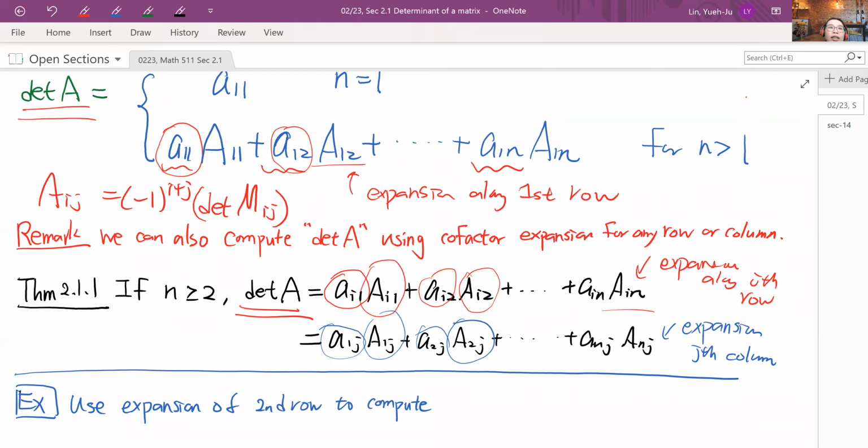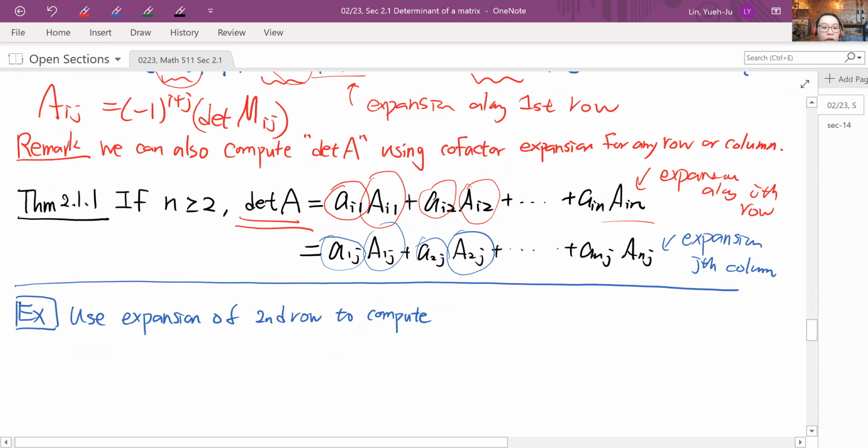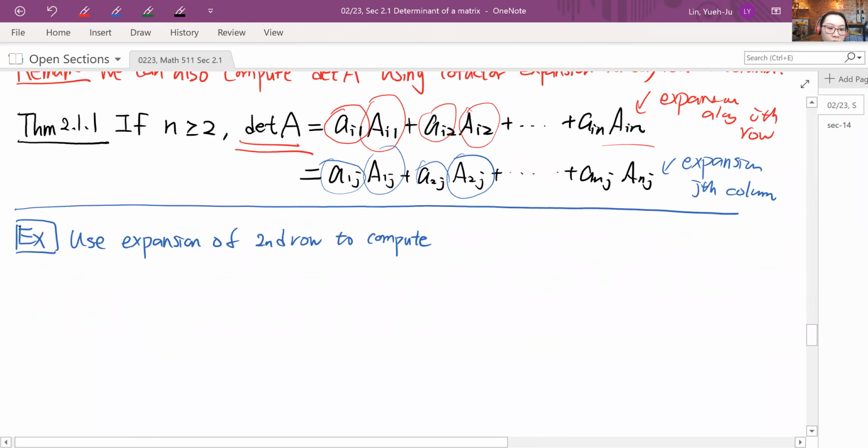We're going to go at most 4 by 4. 5 by 5, 6 by 6 is going to take a while. But at least you should know how to do the 3 by 3 and 4 by 4 cases. That's the basic. So right now, what I'm going to do is, where's my matrix? Okay.